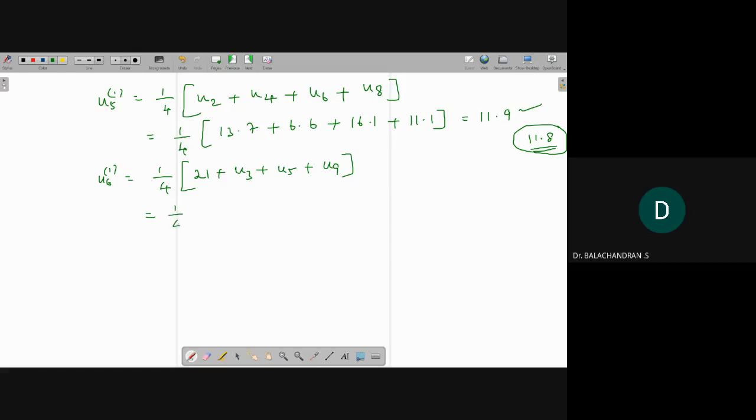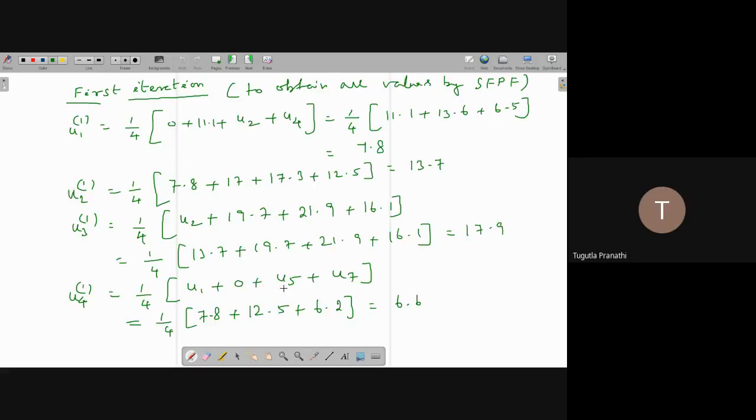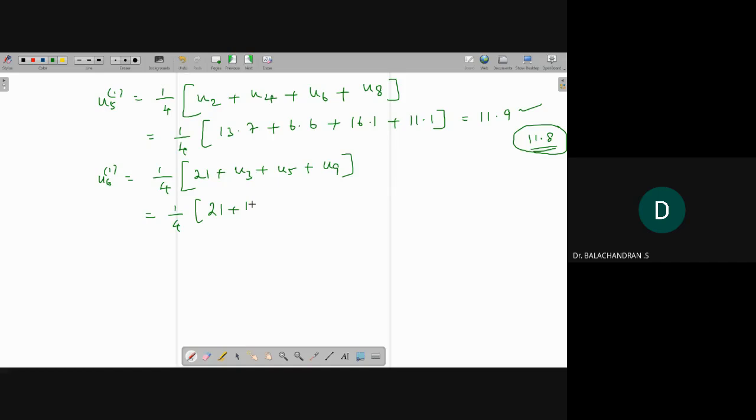So 1 by 4, 21. U3 should use the latest value, 17.9. Plus U5, 11.9. U9, 13.7. So add and divide by 4 and tell the final answer. 16.1. Okay. 16.1 is correct, then U7.